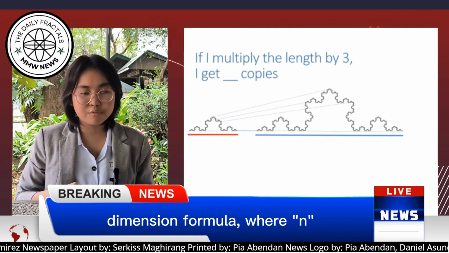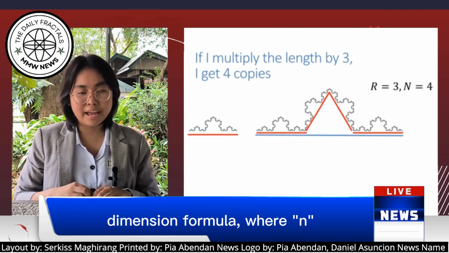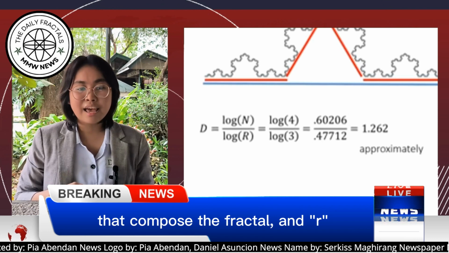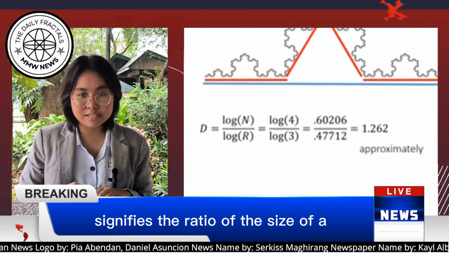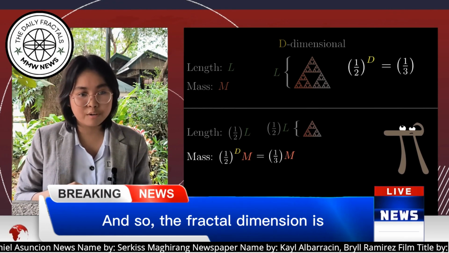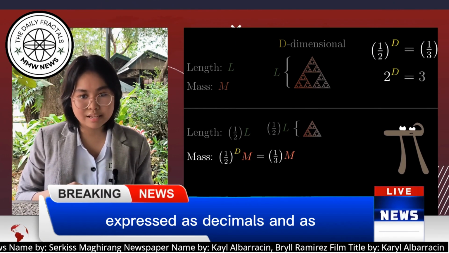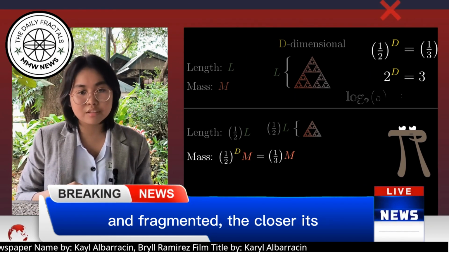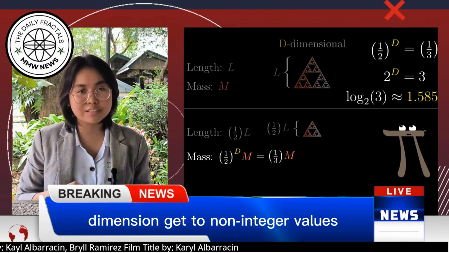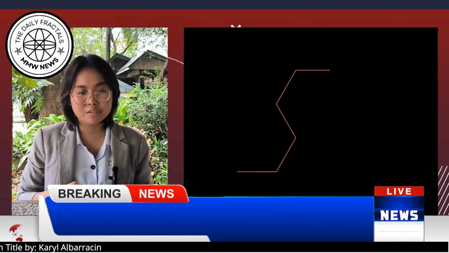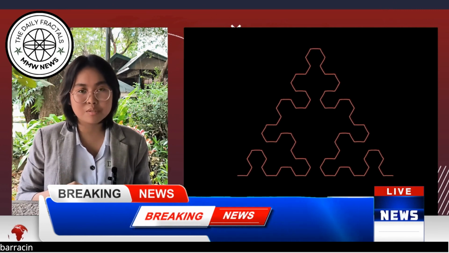This leads us to the fractal dimension formula, where n represents the number of smaller copies that compose the fractal, and r signifies the ratio of the size of a smaller copy to the original size. And so, the fractal dimension is expressed as a decimal. And as a fractal becomes more intricate and fragmented, the closer its dimension gets to non-integer values. Stay tuned as examples of dimension will be covered when MMW News returns.